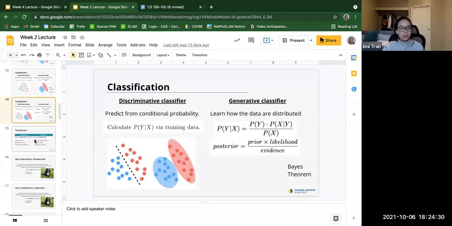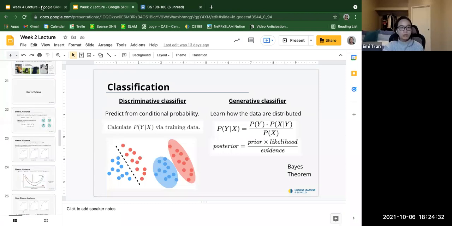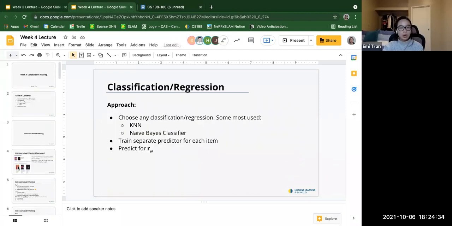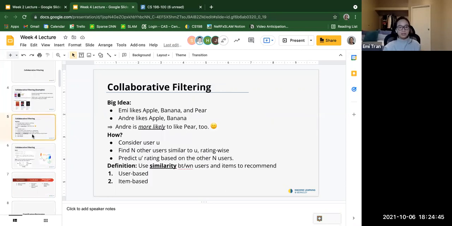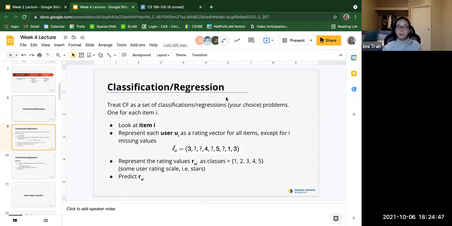I will try to make the homework based more on KNN, so that you're used to the theory of collaborative filtering, because using a Bayes classifier it might go through a little bit more math and it doesn't focus much on the big picture. And so that's it for today.